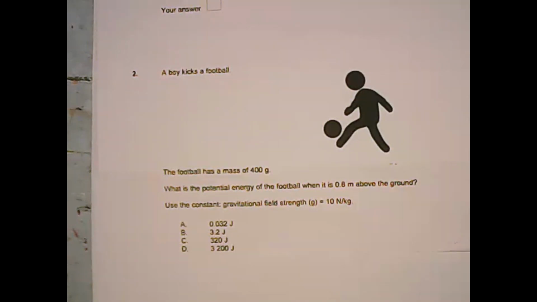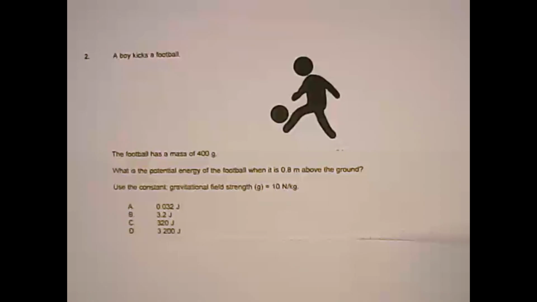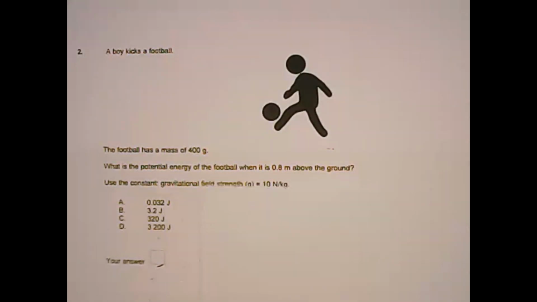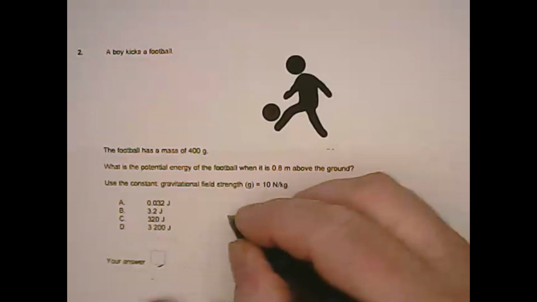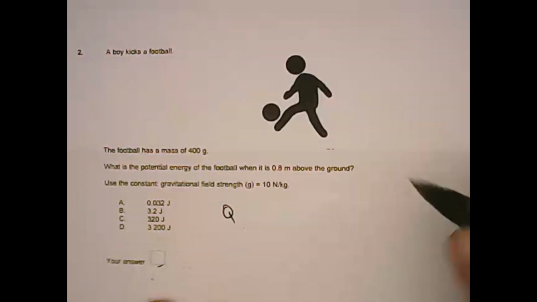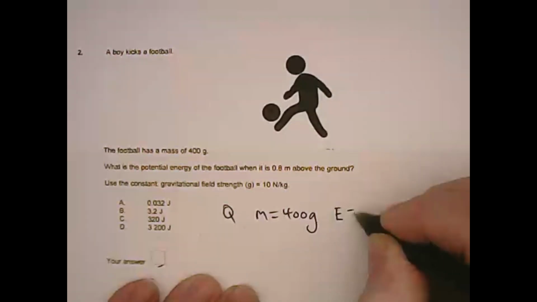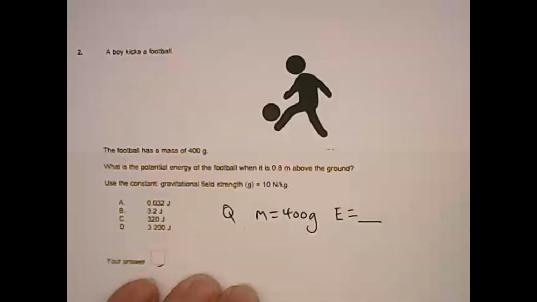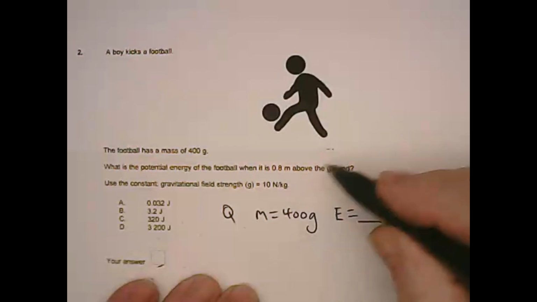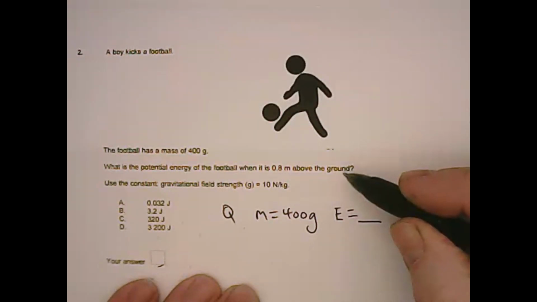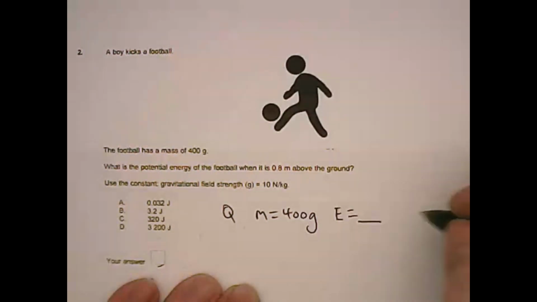Okay, let's have a look. Let's see what we've got here. We've got some quantities, so we're going to write them out here. We've got a mass of 400 grams. We have got a potential energy of something, but it's asking us what that is, so we don't know. And we've got 0.8 meters above the ground. That's a distance, but distance above ground we would generally describe as height.